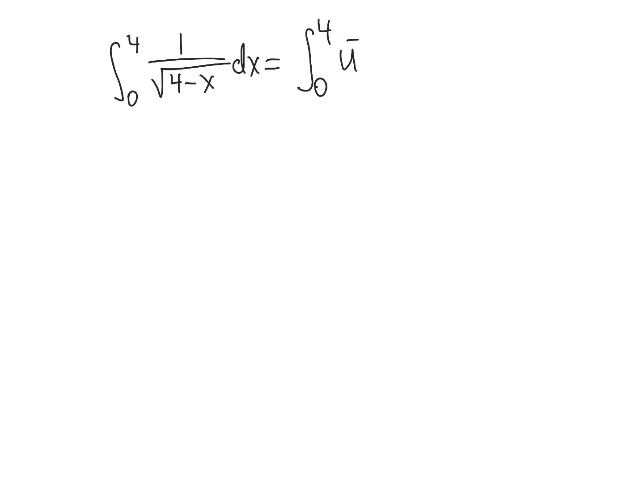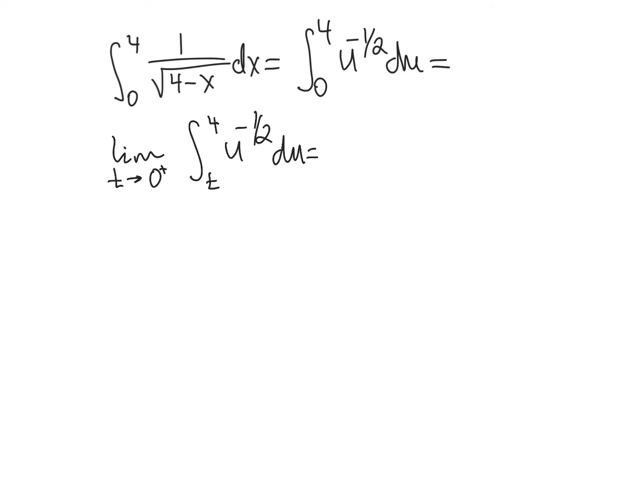That will be the integral from 0 to 4 of 1 over square root of 4 minus x dx, which equals the integral from 0 to 4 of 1 over square root of u, which is u to the negative 1/2 du. That's equal to the limit as t approaches 0 from the right of the integral from t to 4 of u to the negative 1/2 du. And now we can integrate this.